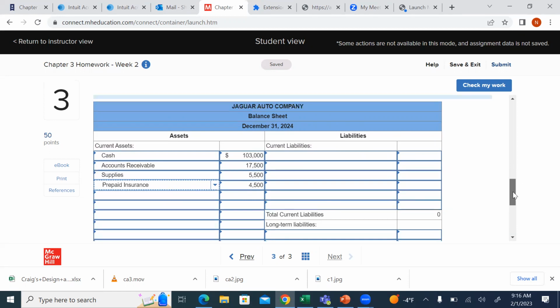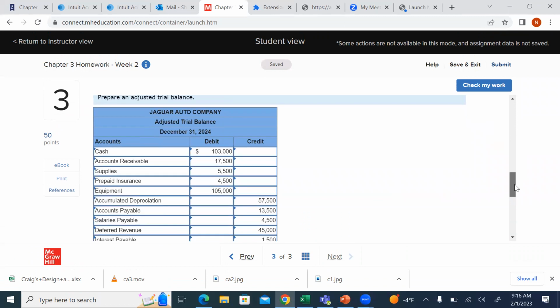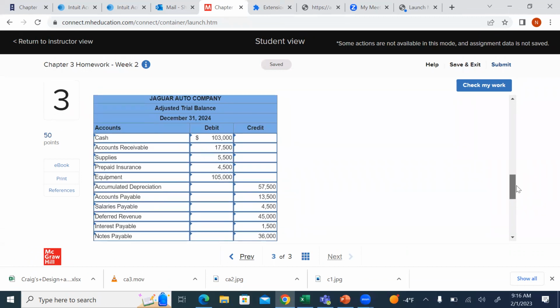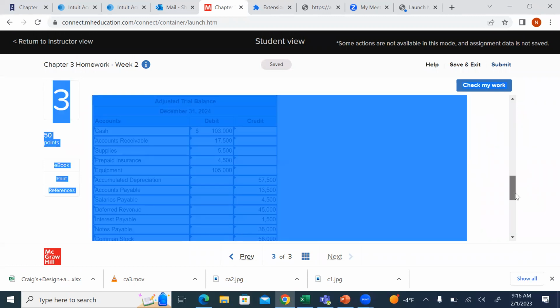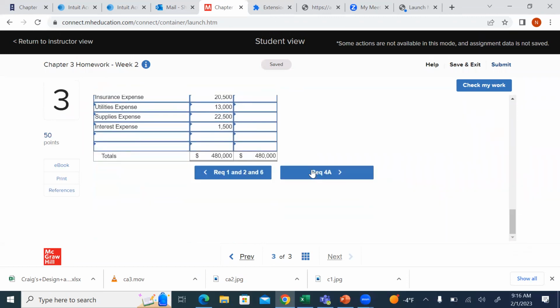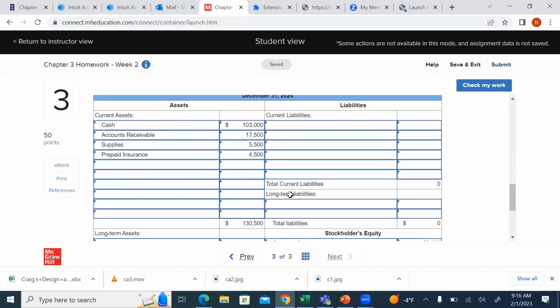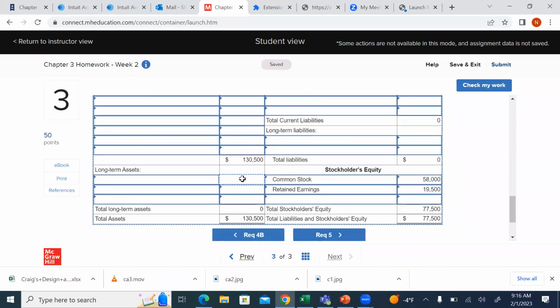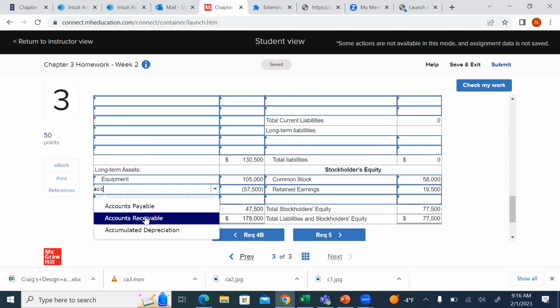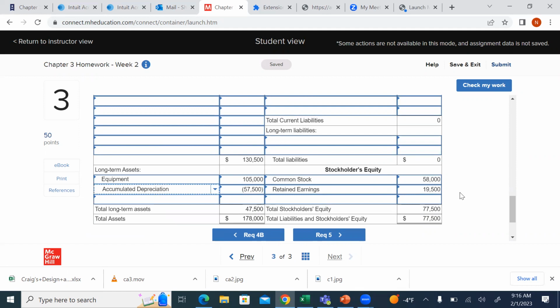Equipment of 105, accumulated depreciation of 57,500.